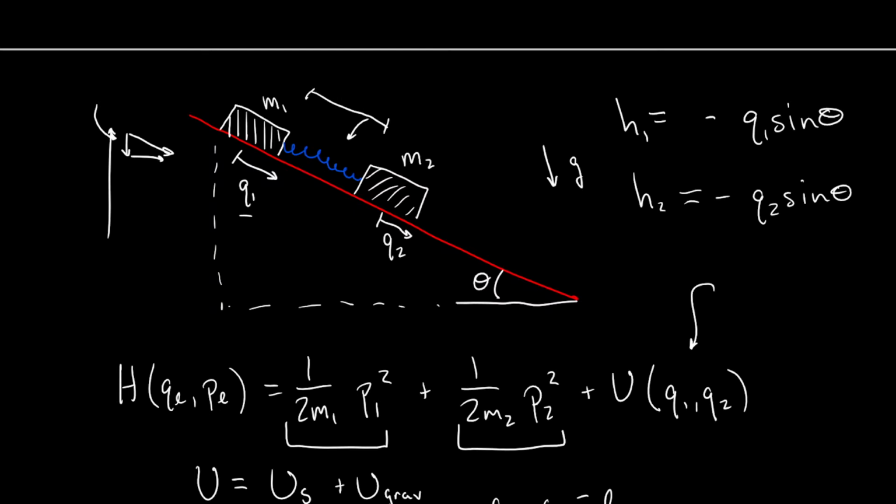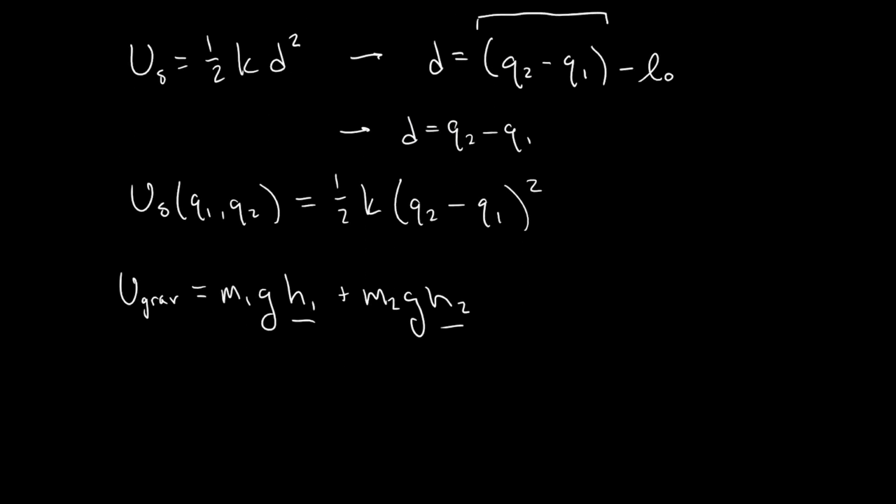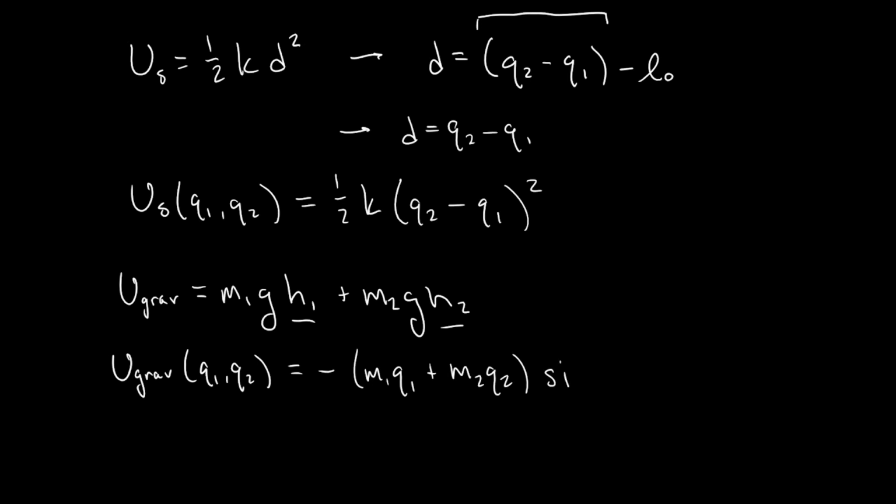I personally prefer to think of, okay, how will the system evolve so that the potential energy will get smaller? But anyway, we know that the gravitational potential energy in terms of Q1 and Q2 should be minus, what's the simplest way to write this, (m1 q1 plus m2 q2) g sine theta.